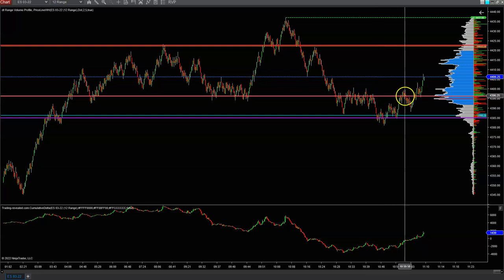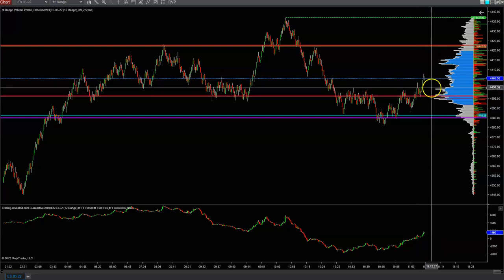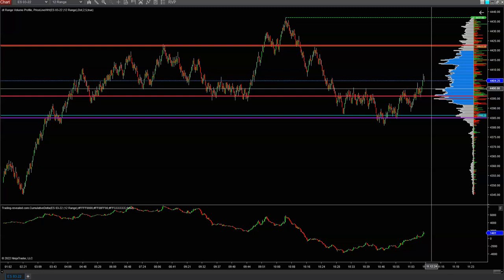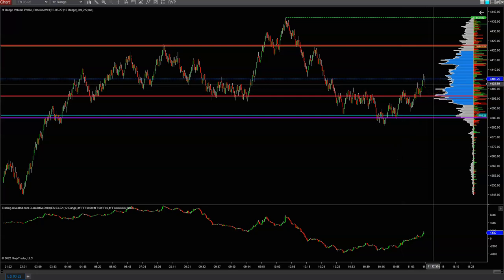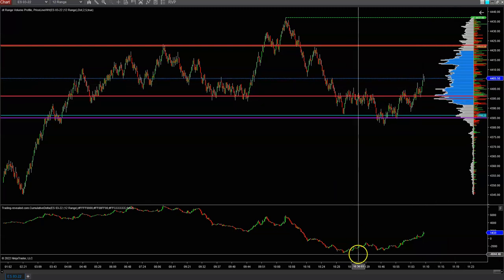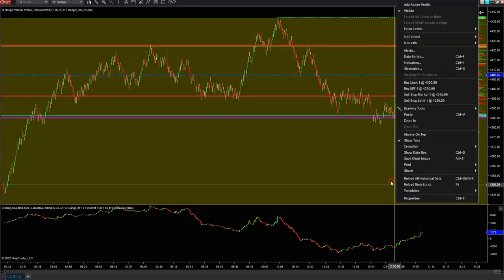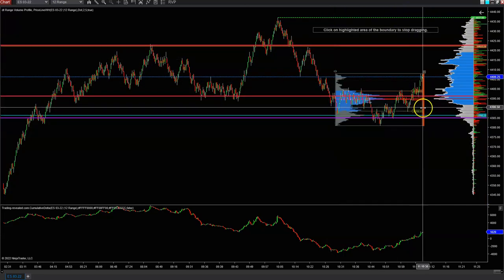It could actually come back to this area right here as well. But I always try to trade off of price pulling back to a lower end of a high volume area. But this is a major volume area right here, guys, so be careful. And probably what I'll do is something like this right here, just to get an idea.